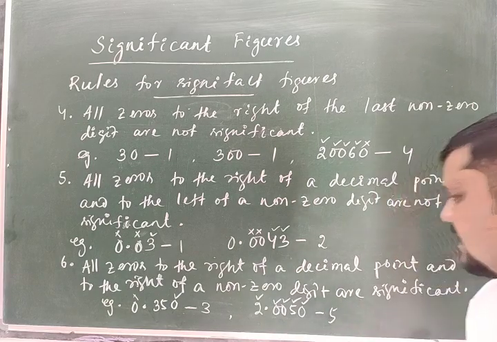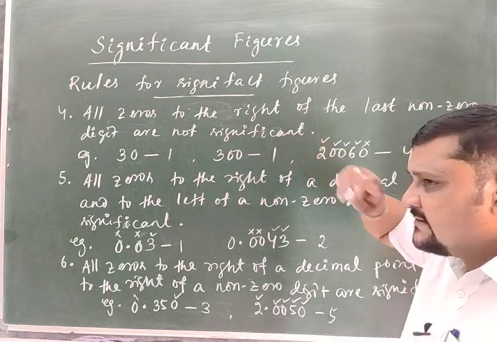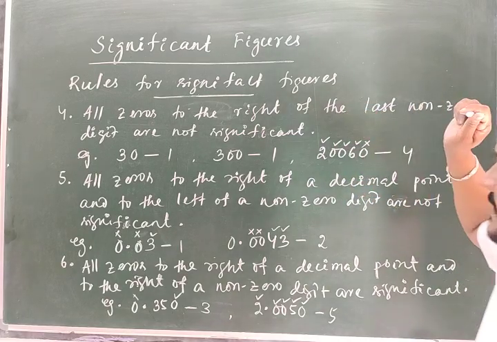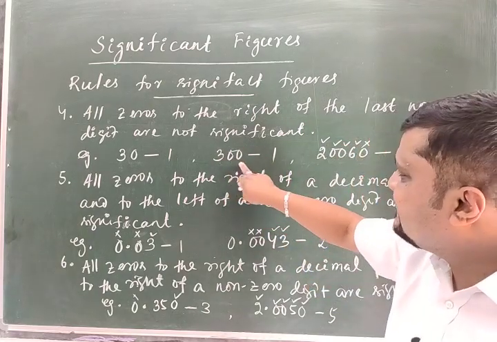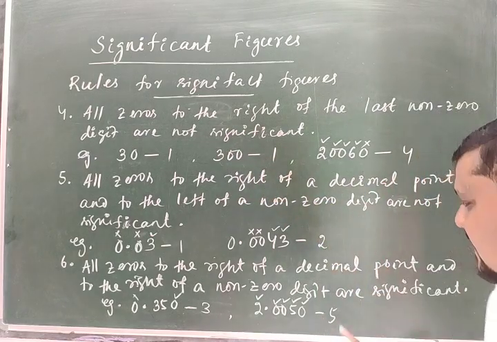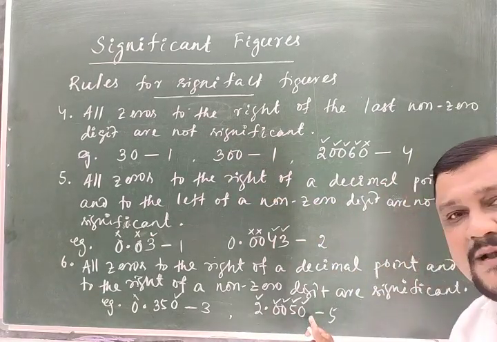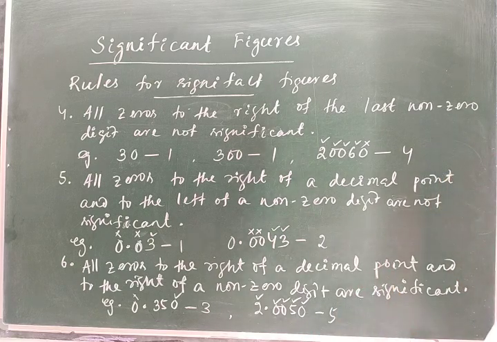5. But according to the fourth rule, in this case, if it is 300, these are not significant, it is only 1. But in this case, after this decimal point, to the right of the non-zero digit, it is significant.